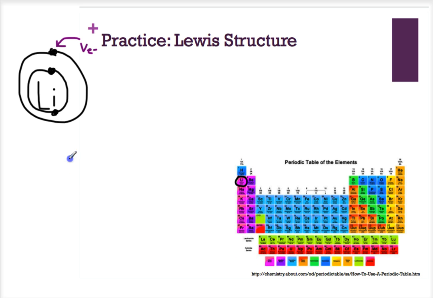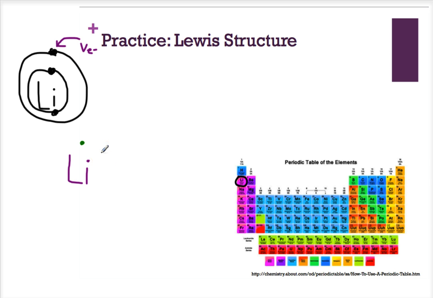So simply, when we're trying to make the Lewis structure, all we do is write the chemical symbol, and then we place the valence electron, in this case, on top of the symbol.